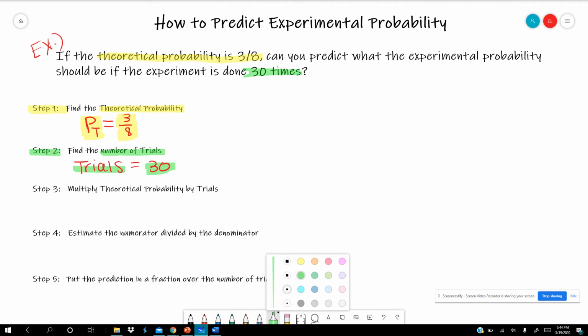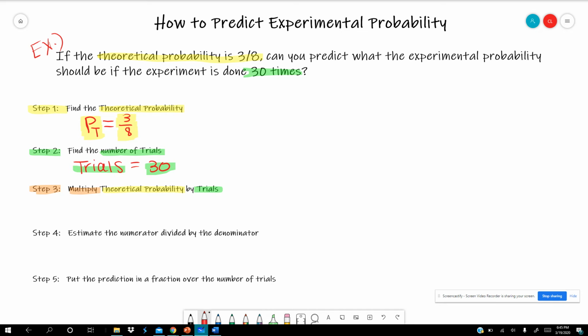Step 3, let's do in this orange. Step 3, multiply the theoretical probability by the number of trials. Oops, wrong color. Let's undo that. Here we go, number of trials. All we're doing is taking the theoretical probability we found here and multiplying it by the number of trials that we found right here.